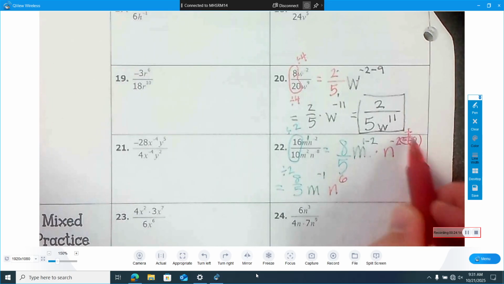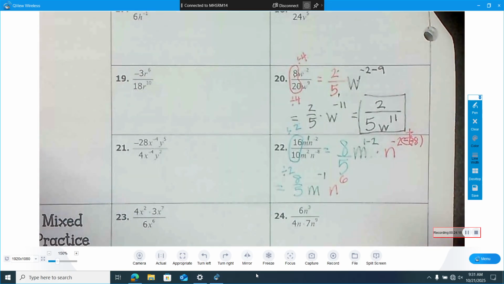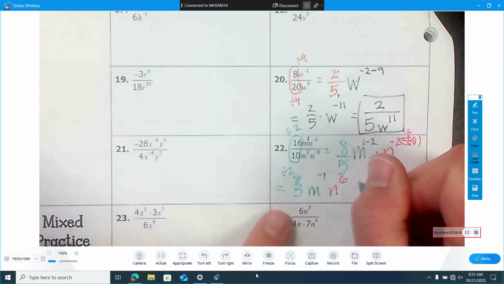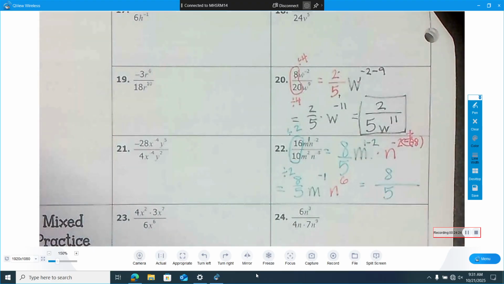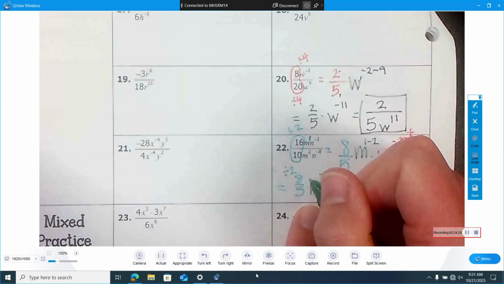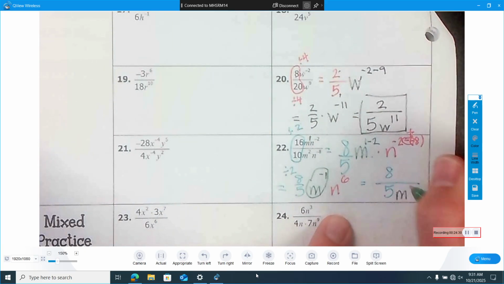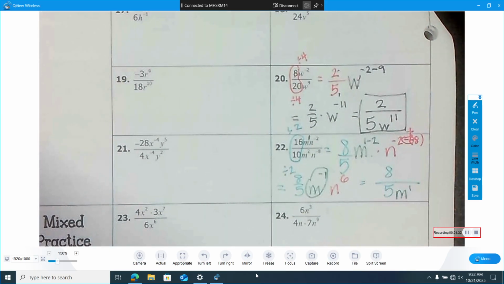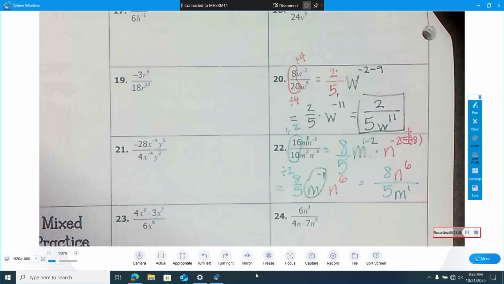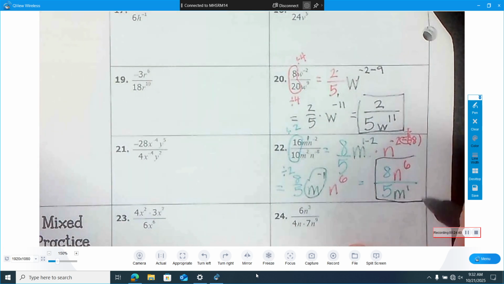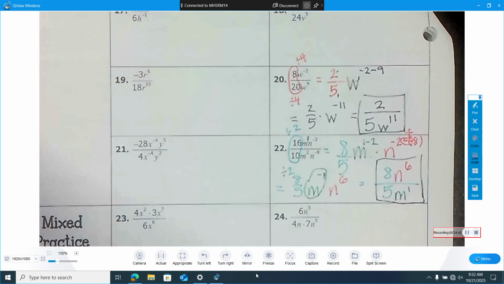And so we have negative 2 plus 8, which gives us a positive 6 result. All right, and then I need to rearrange. So rearranging, I have an 8 in the numerator and a 5 in the denominator. What else is gonna go in the denominator? M to the power of 1 goes to the denominator. N to the power of 6 stays in the numerator. Are you good with that? Okay.